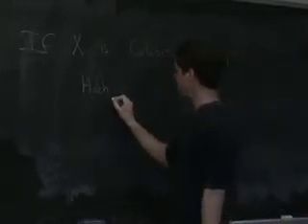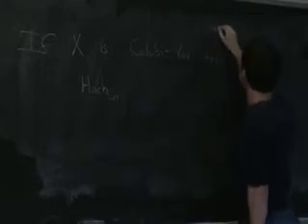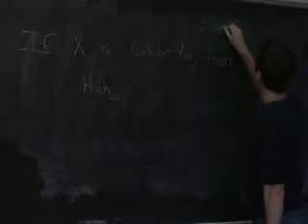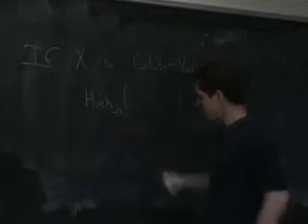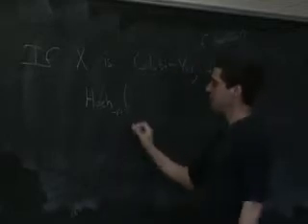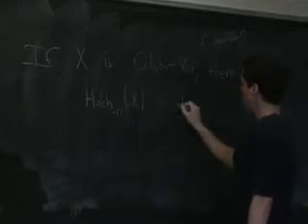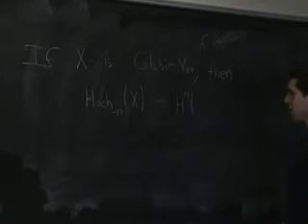So if X is Calabi-Yau of dimension n, and I look at the Hochschild homology of X in degree minus n, then what I'm going to get is... I'm about to say something false, aren't I?